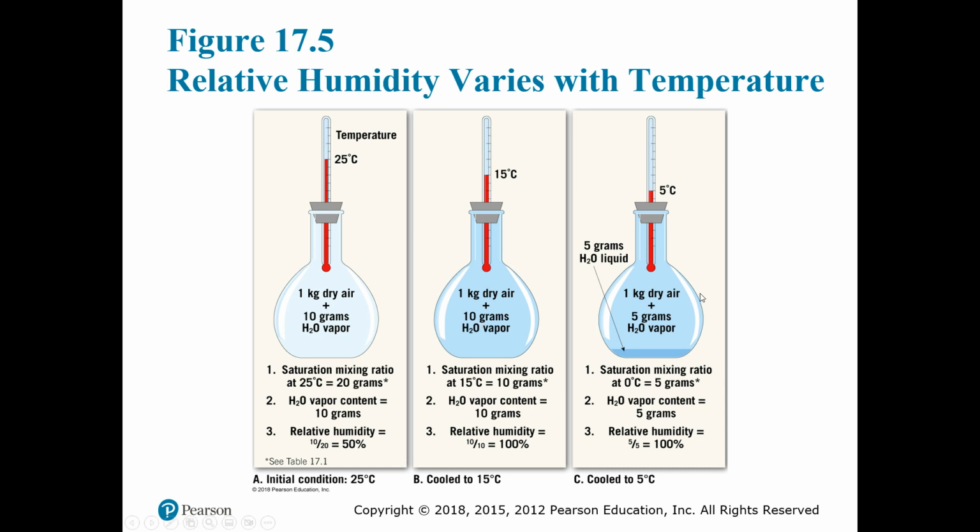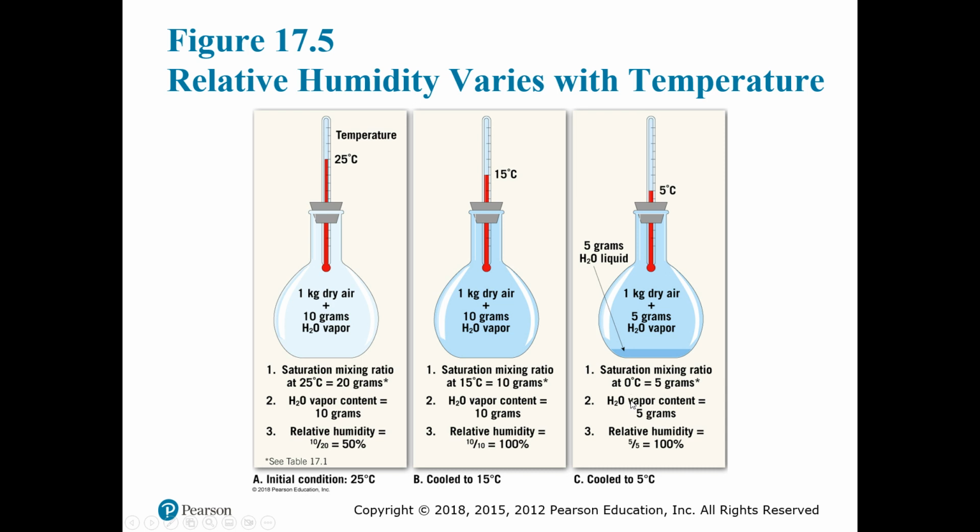And finally, in our third case here, we've reduced the temperature to 5 degrees. And looking at that table 17.1, it tells us that at 0 degrees Celsius, it can hold 5 grams of water. I'm not exactly sure what that says. 0 degrees Celsius instead of 5 degrees Celsius.